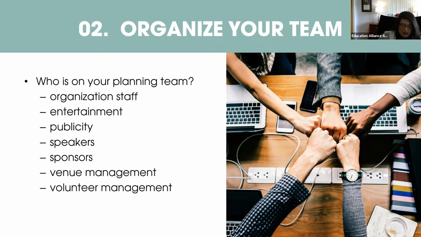Some ways you may use other people are to organize staff, entertainment, publicity, speakers, sponsors, venue, and volunteer management. It's important to assign these roles up front so people have time and the ability to plan well, and also know what they're responsible for.